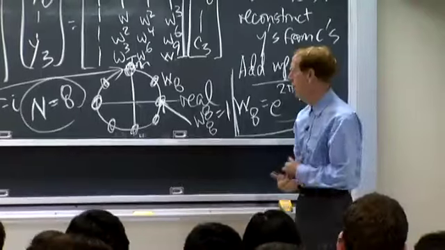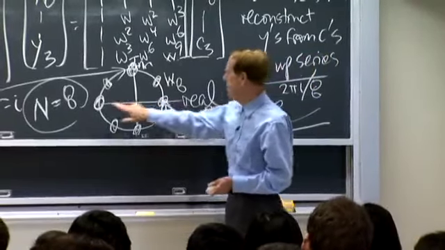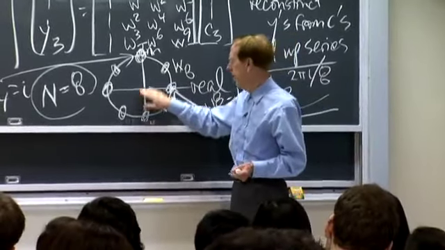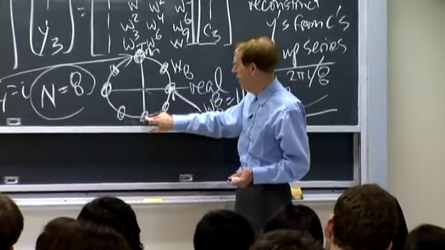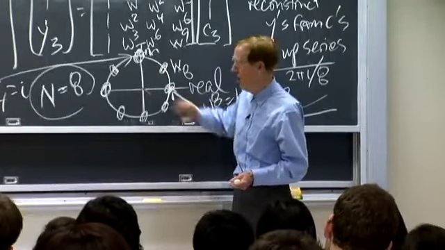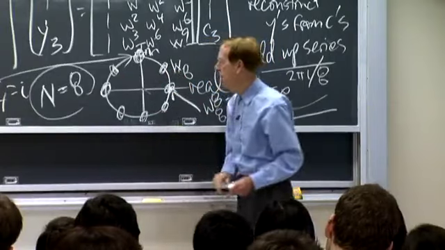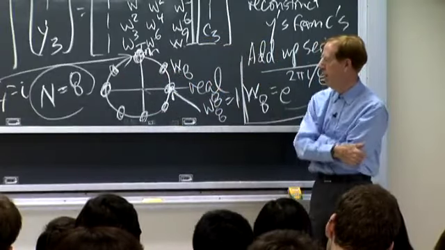Well, what do these add up to? Just those 2 guys? 1 and minus 1 add to 0. That and that add to 0. I can pair them off. This and this add to 0. That and that add to 0. So that's one way of seeing it.